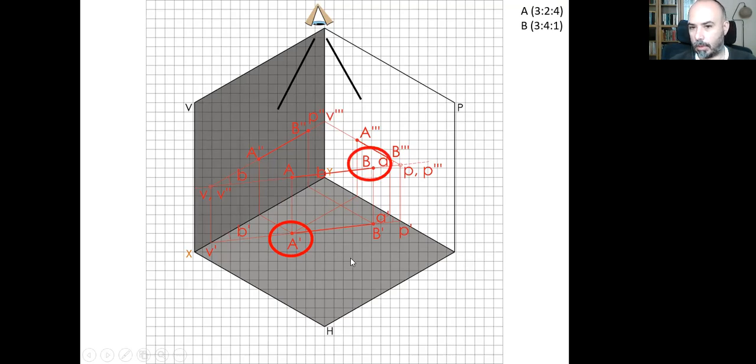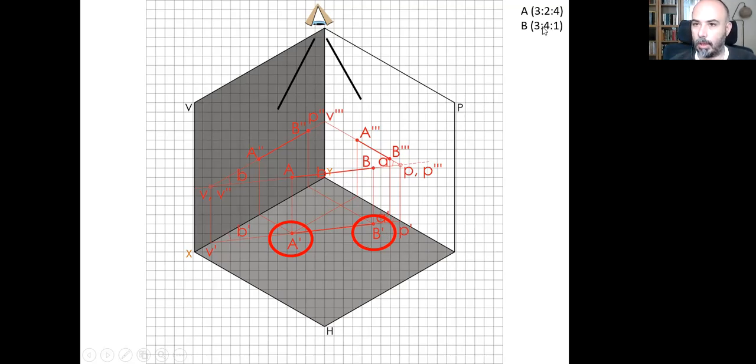Again, we are going to do the same for point B. When we look from above, we see that point B is projected as B prime on the horizontal projection plane. And in order to locate it on our drawing on the Epure of Monge, we need two lengths.